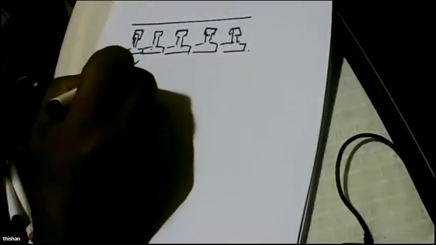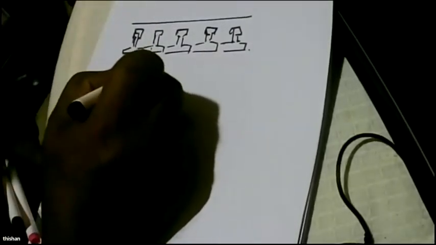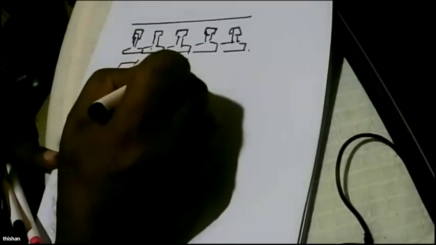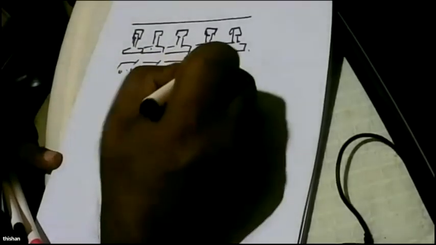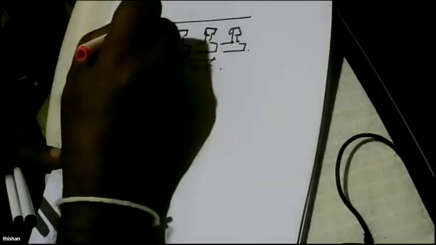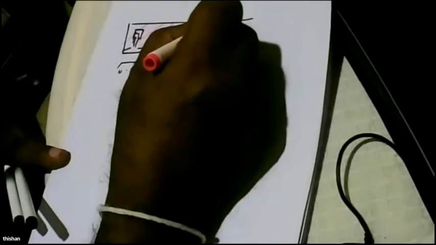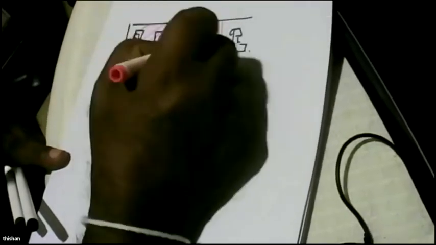Now you can see this is only 0.5 meters. So if you are going to have a grillage beam for every 0.5 meters, the grillage can become a very complicated thing. So what we generally do is, we say this is one beam, this is another beam.